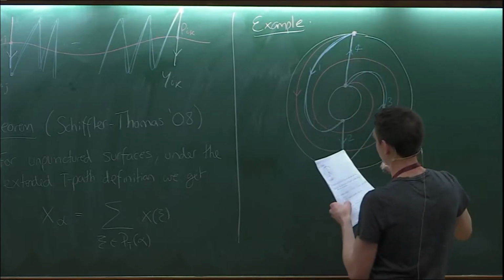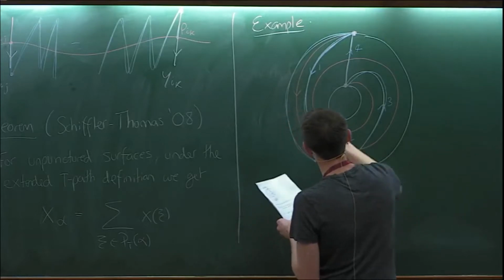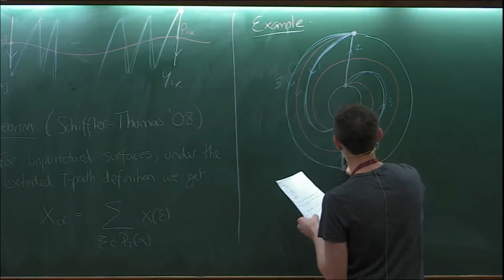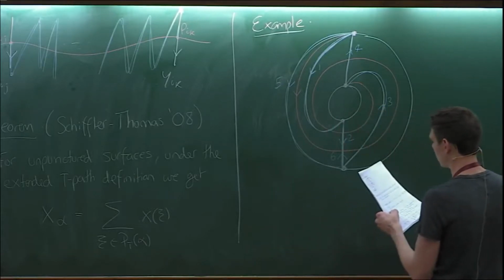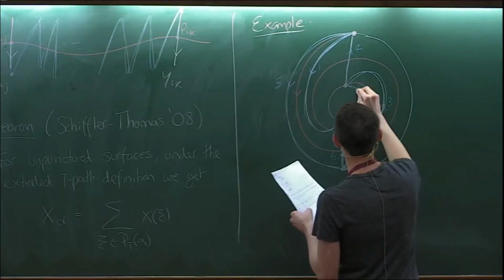Four. 5. Evens have to cross, so we pick 6. And then we can finally pick 7.